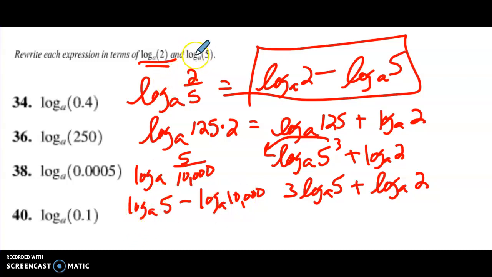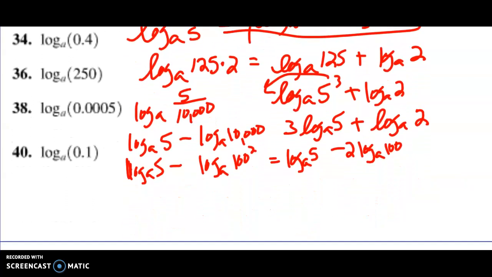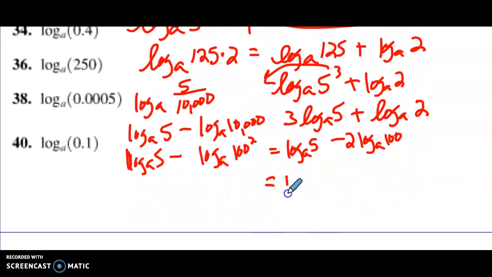I already have log base a of 5, which is great. 10,000 is 100 squared. So that's log base a of 5 minus 2 log base a of 100. And of course, 100 is 10 squared, right?